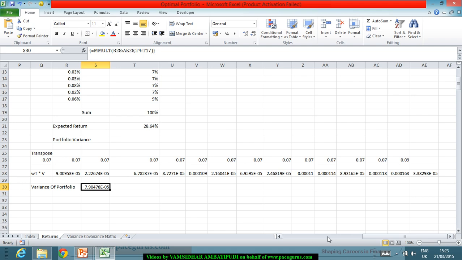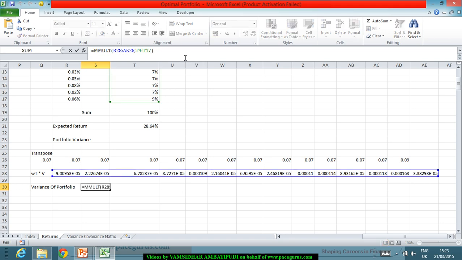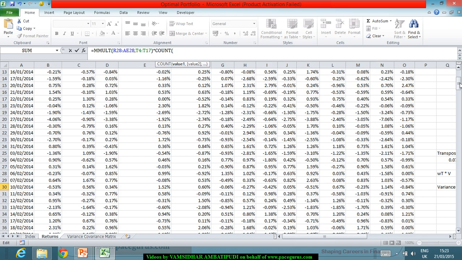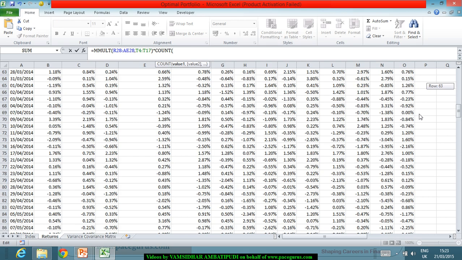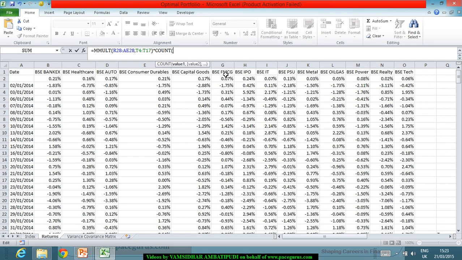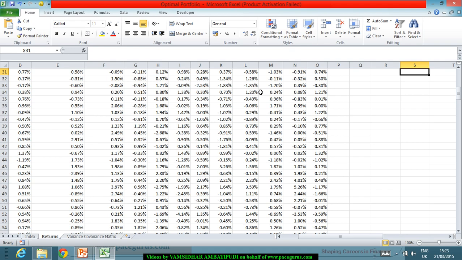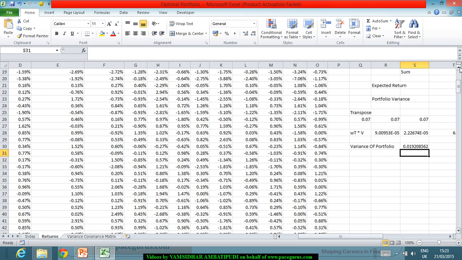And if required, if I want to take this as the annual variance, I'll multiply the same with the count of the number of days of returns data that we have considered. I'll take the count from here to here, which will give me the annual variance of the portfolio.